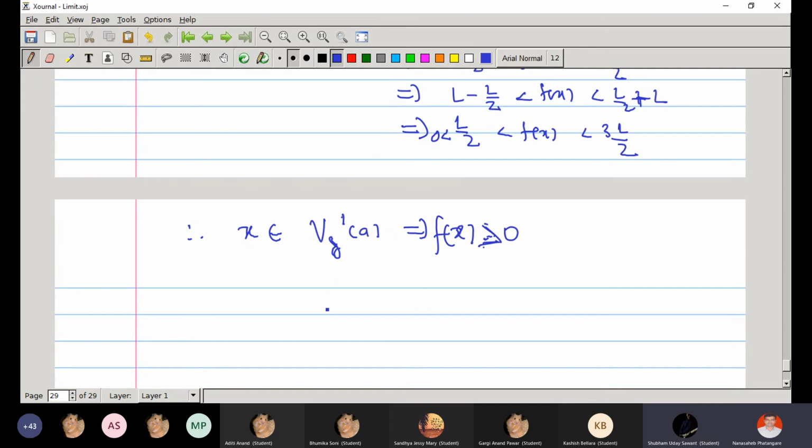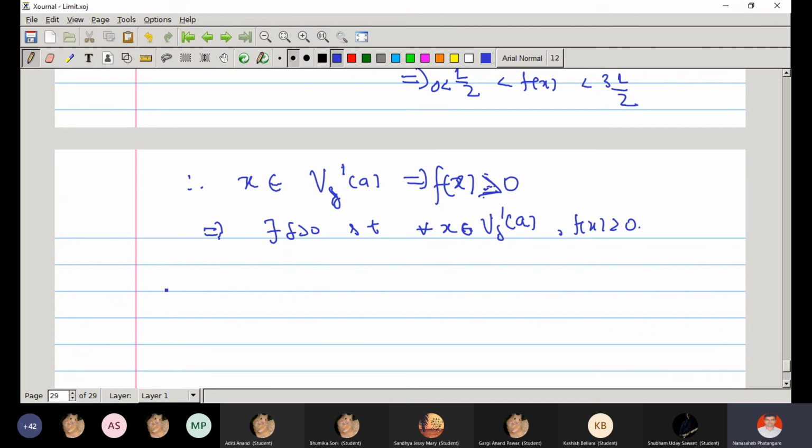Yes, sir. So are we able to produce a delta neighborhood? Yes, sir. Fine. And is the conclusion true? That means there is a delta such that for all x in the deleted neighborhood of A, f of x is positive.